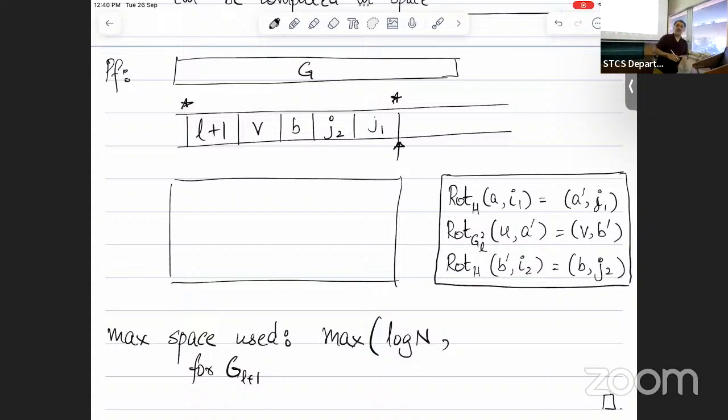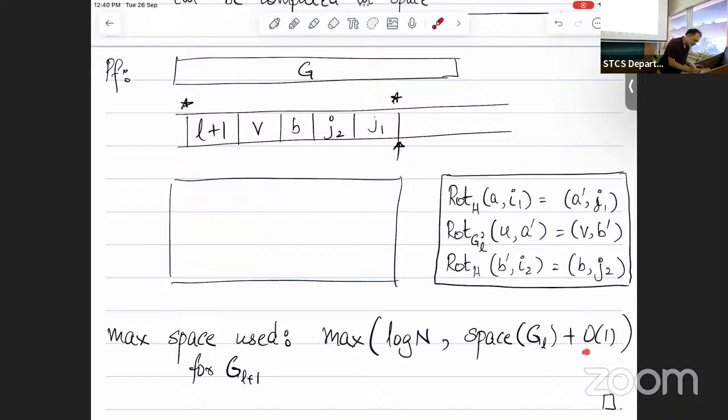And then there were other situations when I was running a rotation map of G_L. At that point, what was written on the work tape? There was only some constant sized information, just to keep track of the fact that I was in step 2 at that point. So whatever was the space I used for G_L plus order 1.